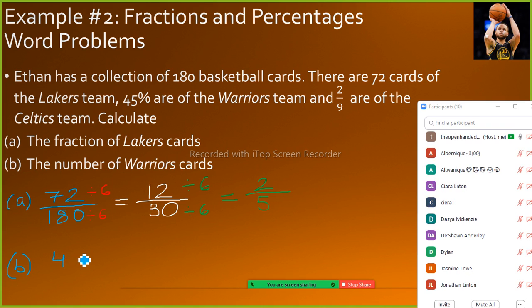So it's 45 over 100 because that's 45%, right? 45% are of the Warriors team. So that's 45% multiplied by 180 because that's how many basketball cards we have, all over 1.